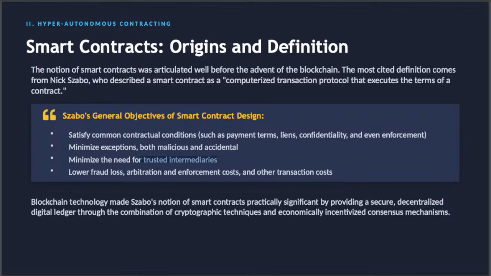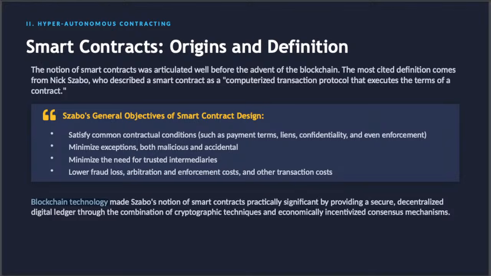This is supposed to be, once it's set into motion, there are no intermeddlers or intermediaries, which will result in lower fraud loss, arbitration and enforcement costs, and other transaction costs. So this is telling you here that there's going to be little room for controversy and dispute. So there will be less arbitration and enforcement needed, hence lower costs.